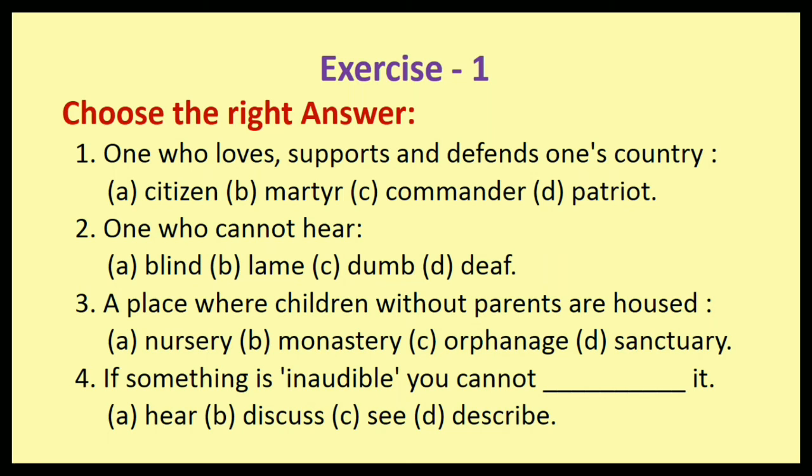You have to choose one word for the person who loves, supports and defends one's country. Second, one who cannot hear, and the options are blind, lame, dumb, deaf. Yes, it's quite easy. You can do it, right?